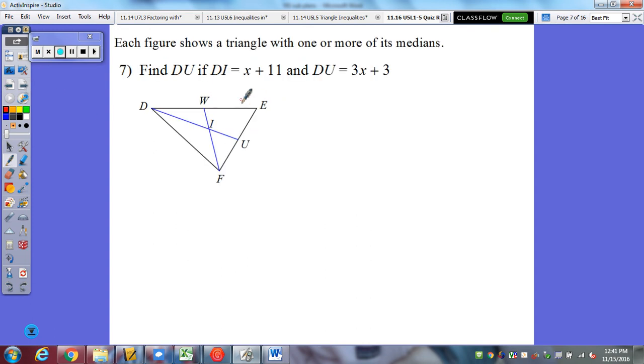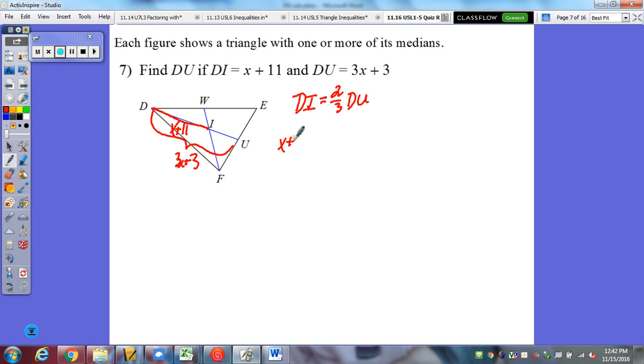Now we have a little bit of algebra to work with here. Again, the concept doesn't change. It's just we're using some algebra and a little bit more of a difficult concept. So DI is x plus 11, and DU, this whole segment right here, is 3x plus 3. Well, we set it up. We know that DI represents the 2/3 part. So DI is equal to 2/3 of DU. We'll fill in what we know.